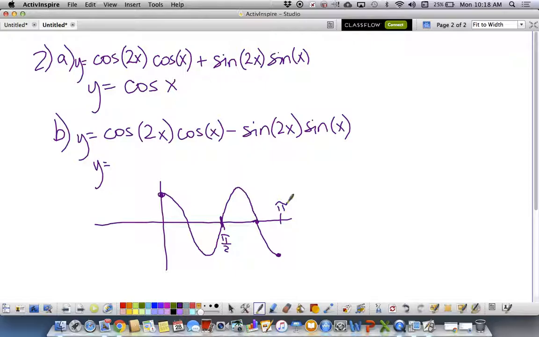So there are some things we could figure out, but I want to know how far it is from this point to this point. How far am I going? Okay, so this was 2.08, or 2.09.